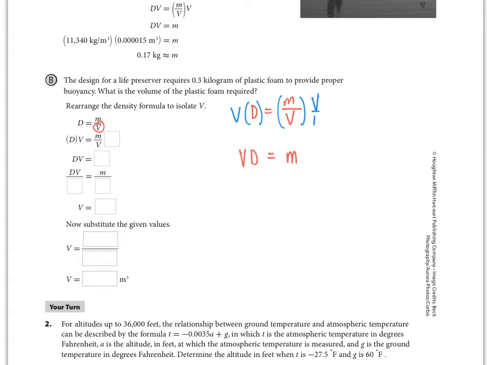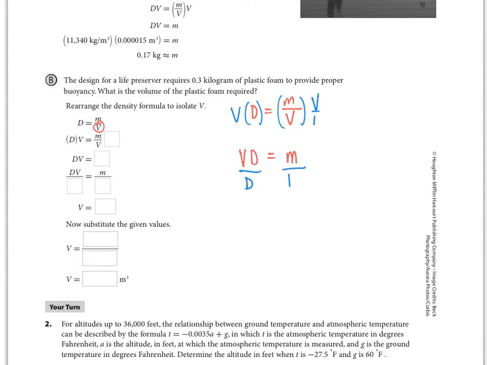Now it looks a little bit nicer, and easier for me to get the V by itself. Well, think about what the V is doing. It is multiplying with the D, right? It's right next to it, so it's multiplying. And since it's multiplying, we're going to want to divide by D, because I want to get V by itself, so I'm getting rid of the other variable.